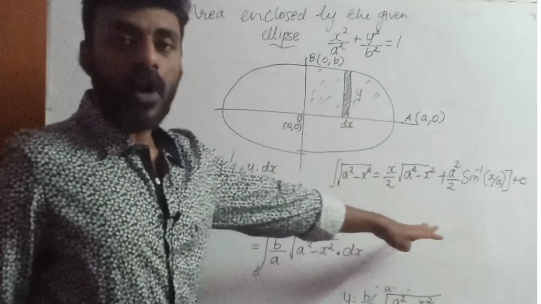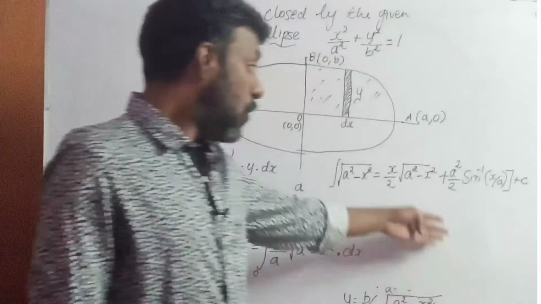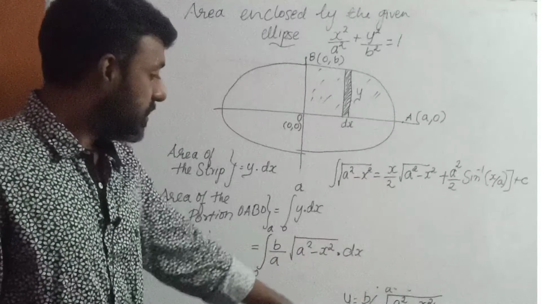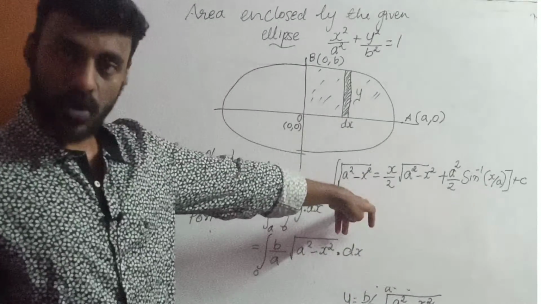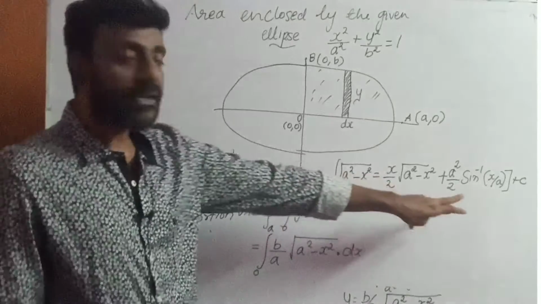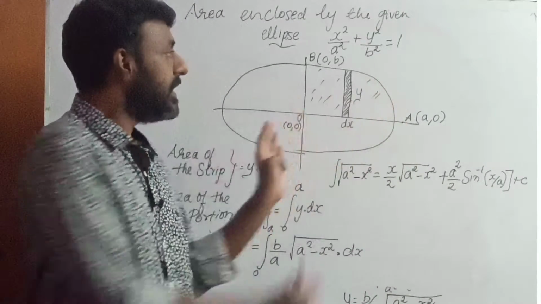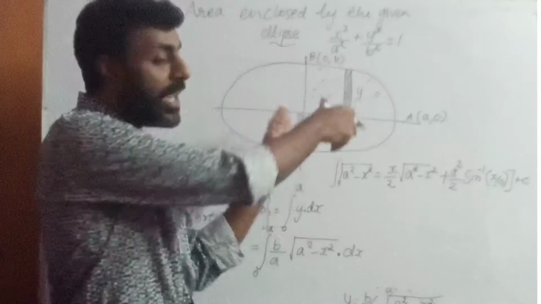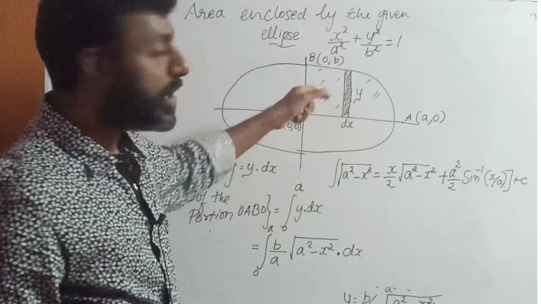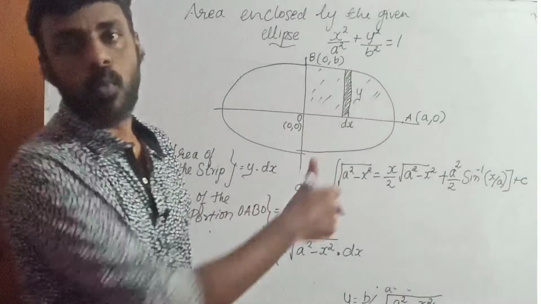So this is an integration formula. Now I am going to substitute these values in this formula, and with that I'll be able to get the value for the area bounded by the ellipse in quadrant number 1.